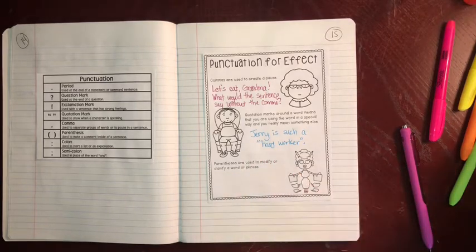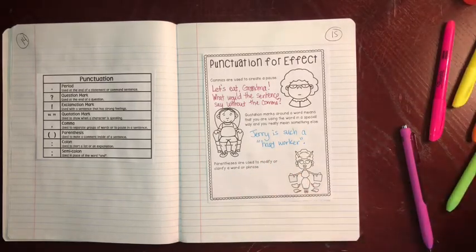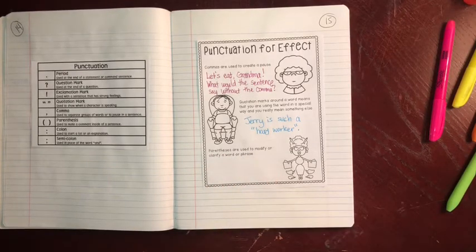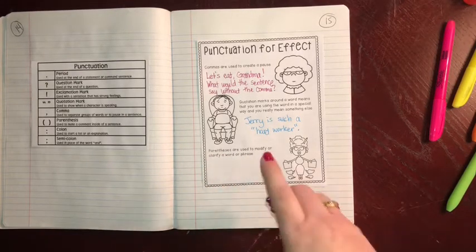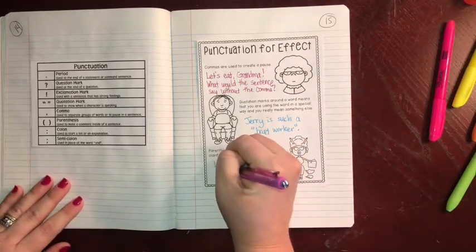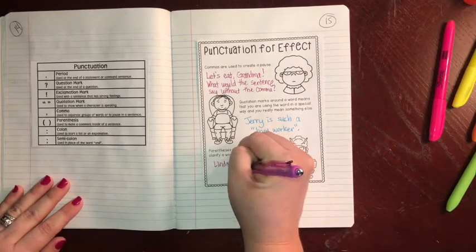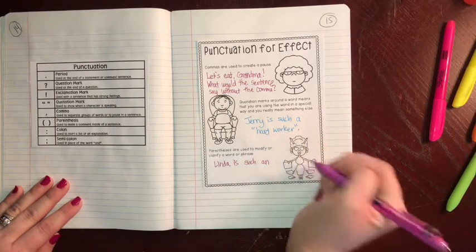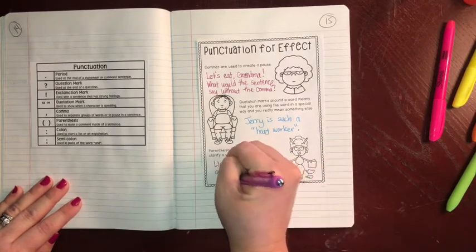The last one, we're going to use the same color as the first. It says the parentheses are used to modify or clarify a word or phrase. So we might have the sentence, Linda is such an organized secretary.